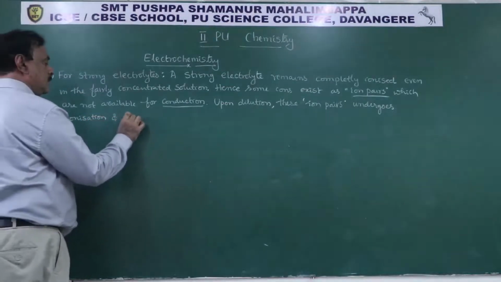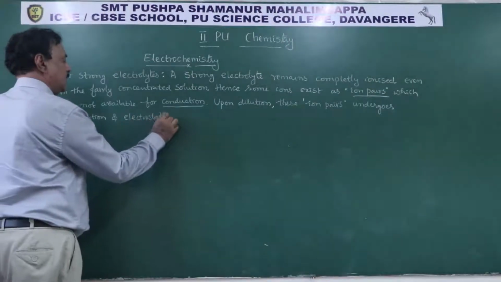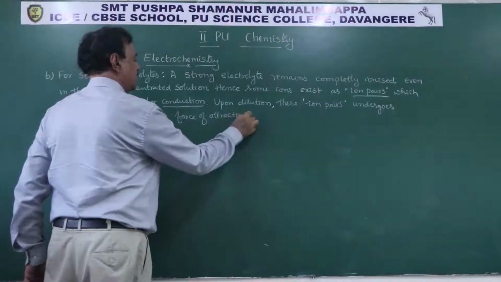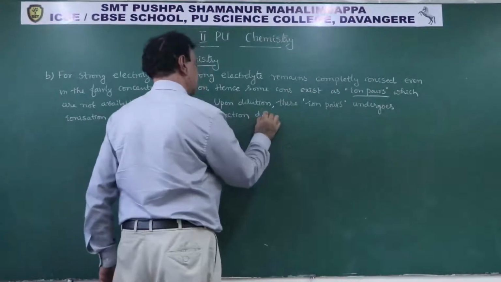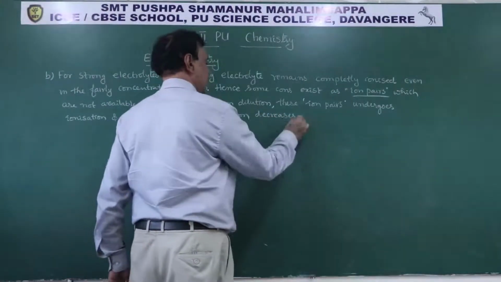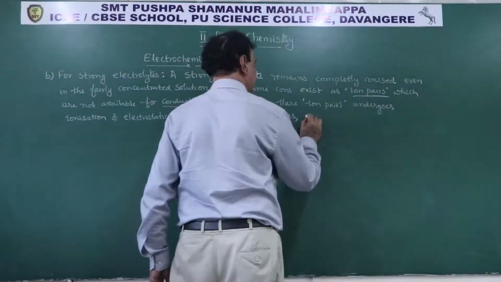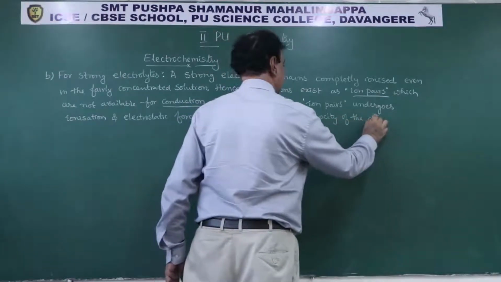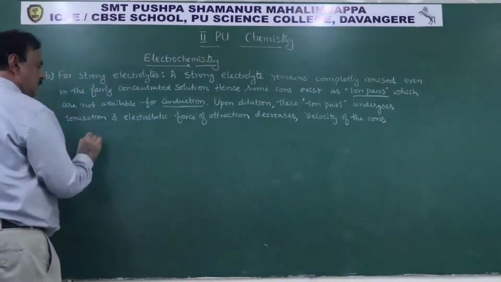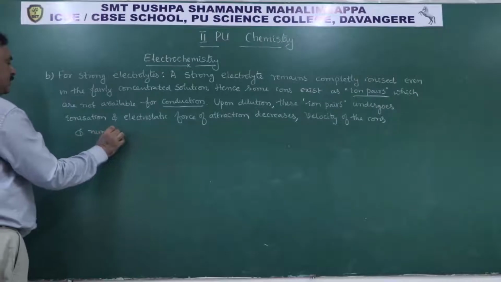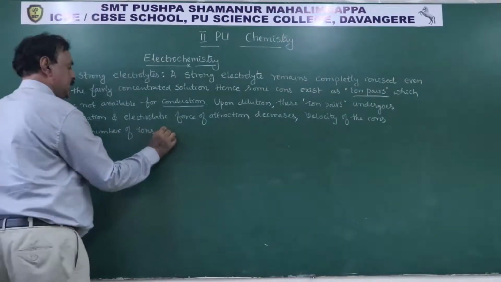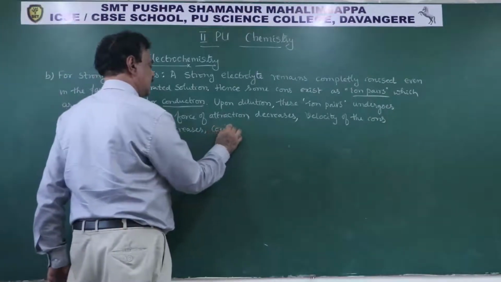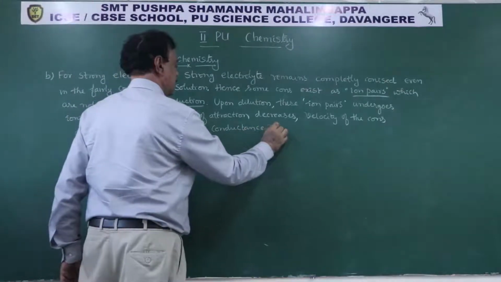As a result, the electrostatic force of attraction decreases, the migration velocity of the ions increases, and the number of ions increases.